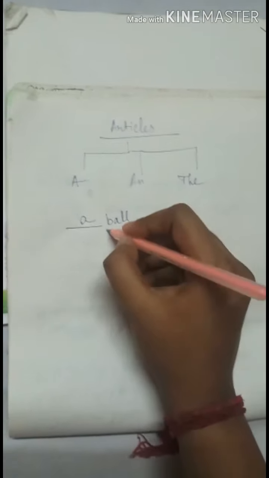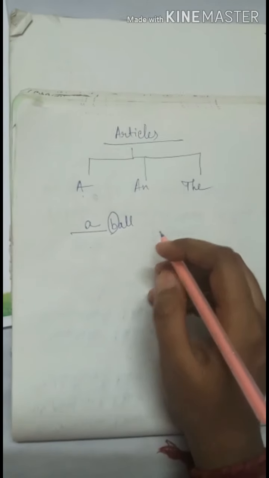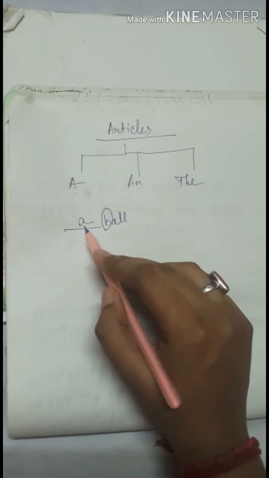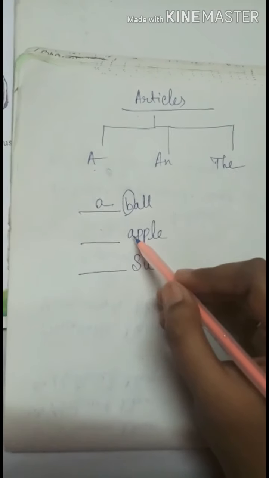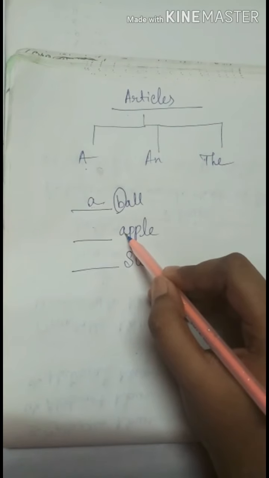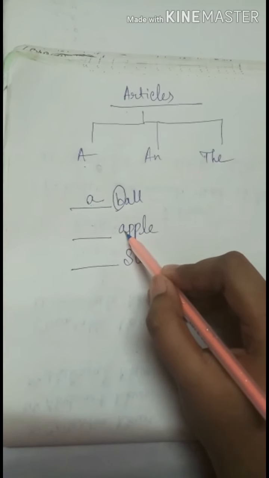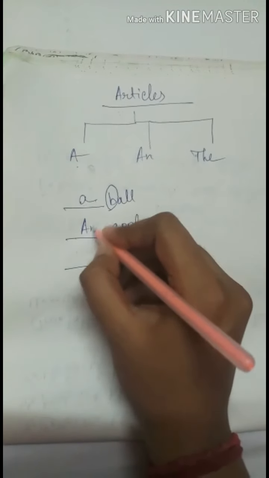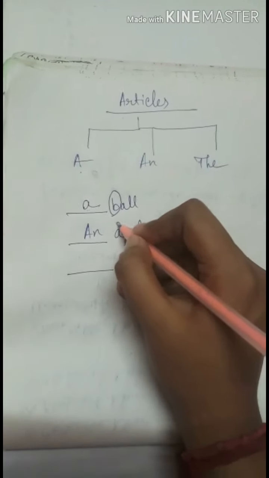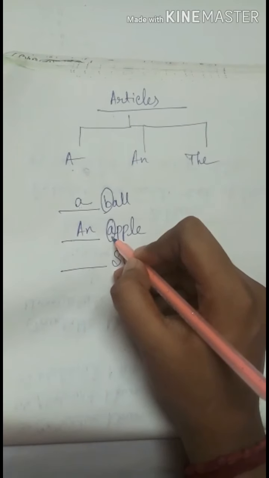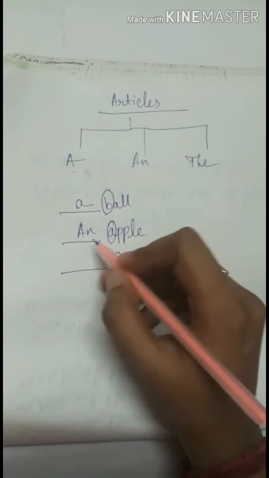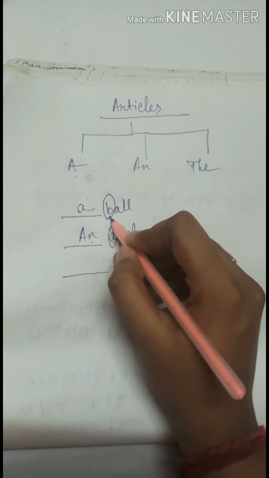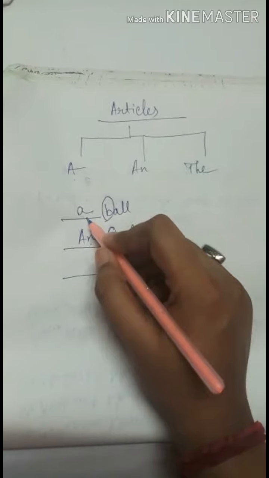Here we know that B is a consonant, so we place a. But an apple begins with a vowel sound, so here we place an. When it is a vowel, we place an, and when it is a consonant, we place a.